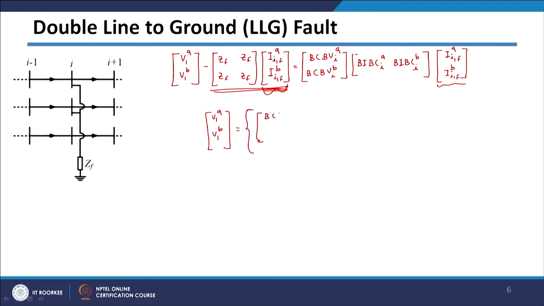So, this matrix is BCBV of B phase, and then columns of BIBC corresponding to A phase and B phase of ith bus, plus you are getting this ZF matrix on the right hand side, and this is getting multiplied with your fault currents.